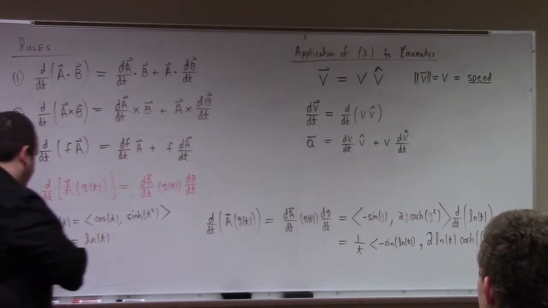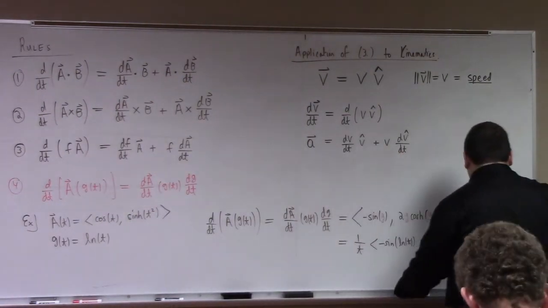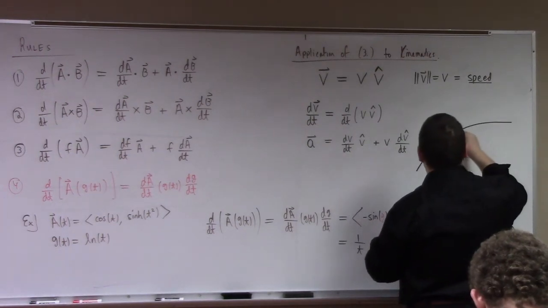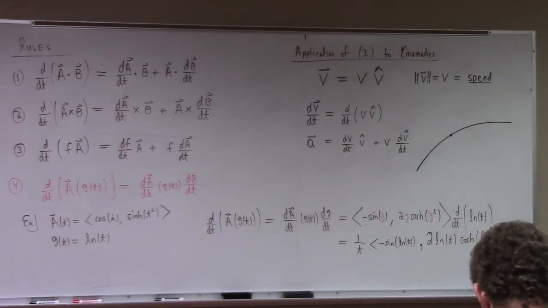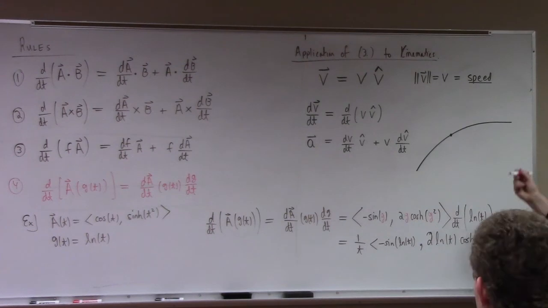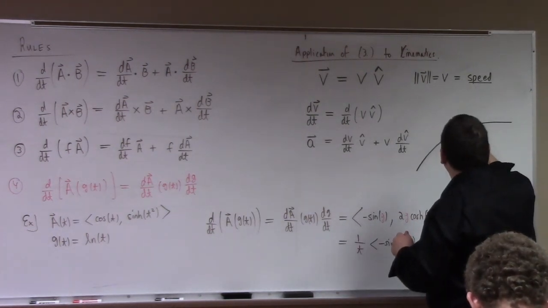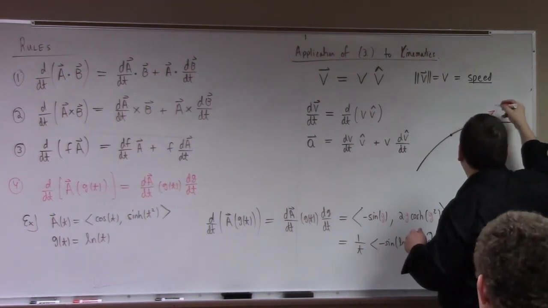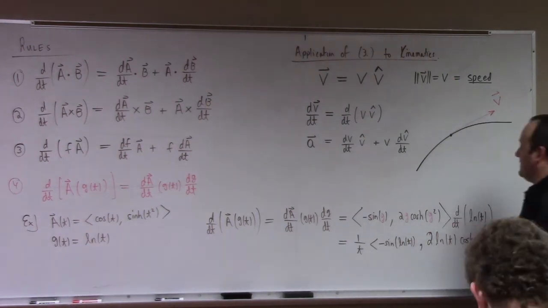I can try to draw a picture. So here's the path we're following. Suppose we're at that point at time t. What direction does the velocity go? We'll soon learn that the velocity points tangent to the graph, tangent to the path. So here's the velocity direction.